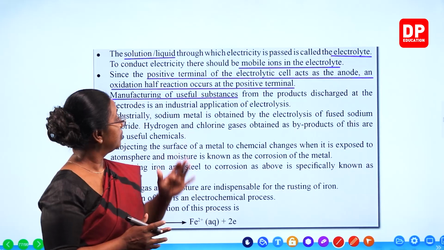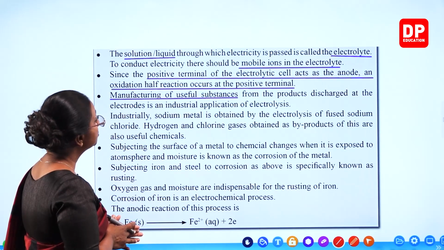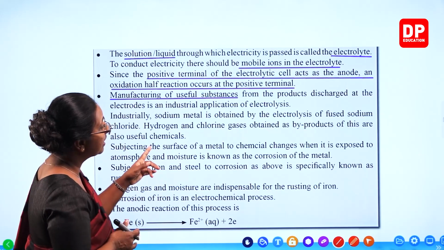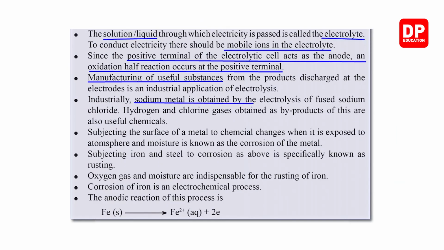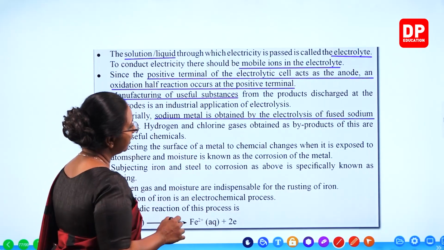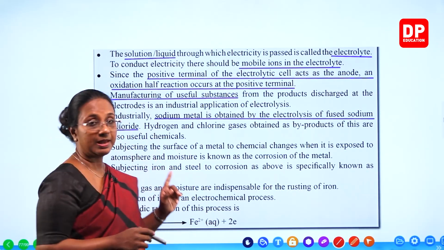So, that is what is meant here. Industrially, sodium metal is obtained by the electrolysis of fused sodium chloride. Sodium metal is obtained by the electrolysis of fused sodium chloride. Hydrogen and chlorine gases obtained as byproducts of these are also useful chemicals.